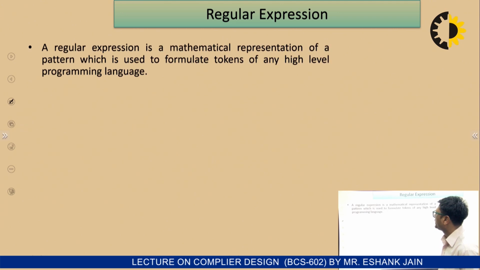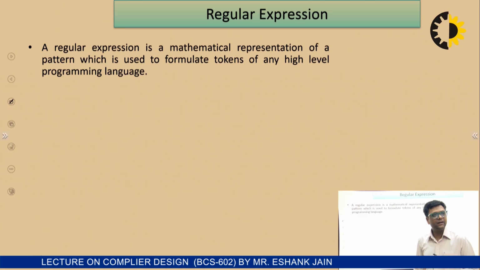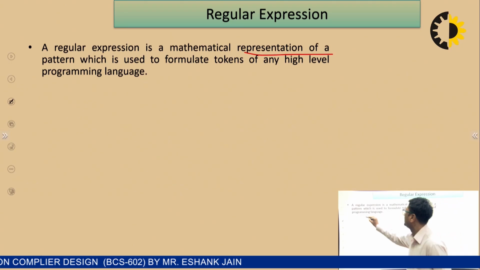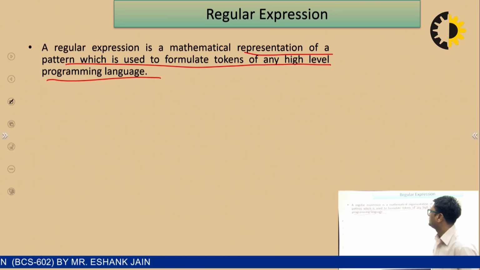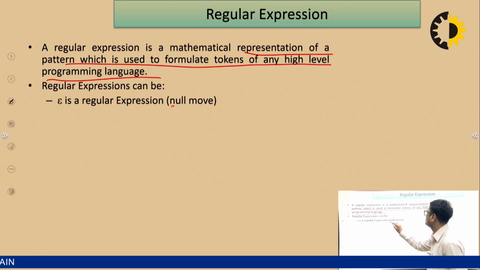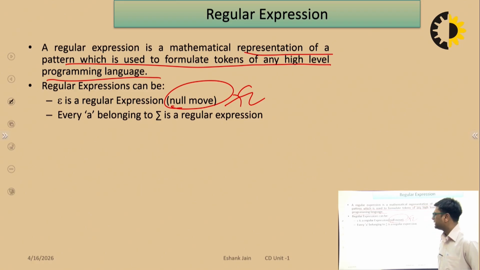Now, what is a regular expression? A regular expression generally comes in the lexical analyzer phase. It is the representation of the pattern which is used to formulate tokens in a high level language program. Epsilon is also a regular expression, also known as the null move. A, any input, is also a regular expression.